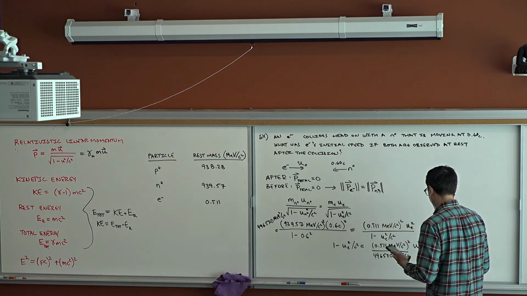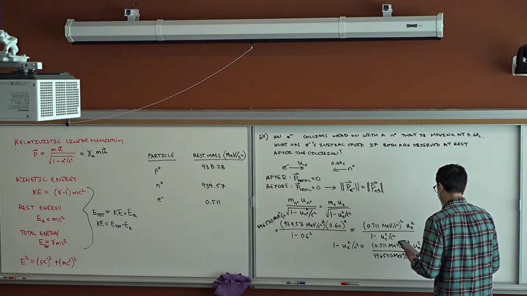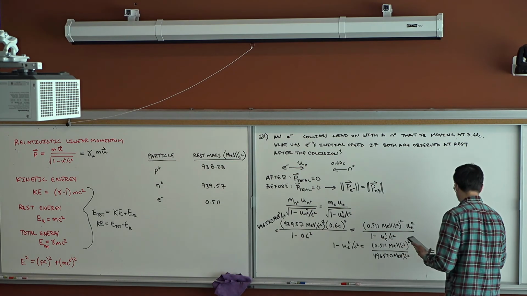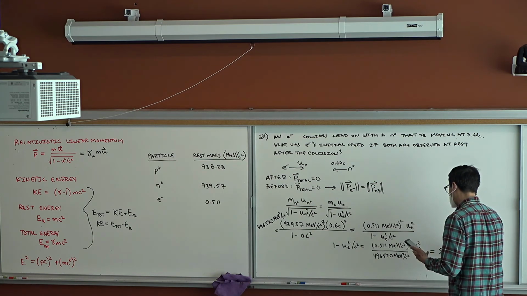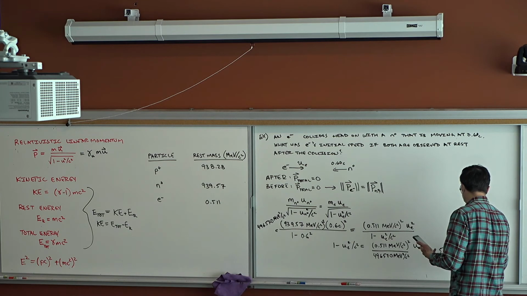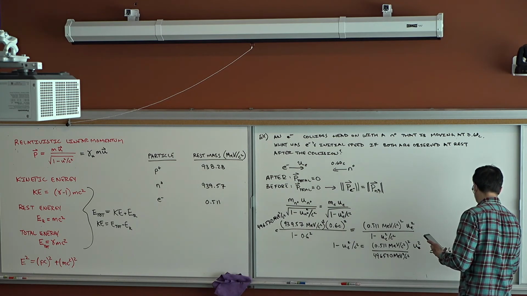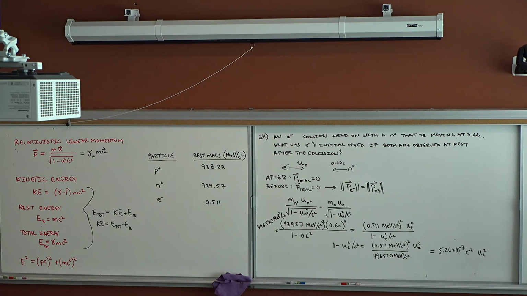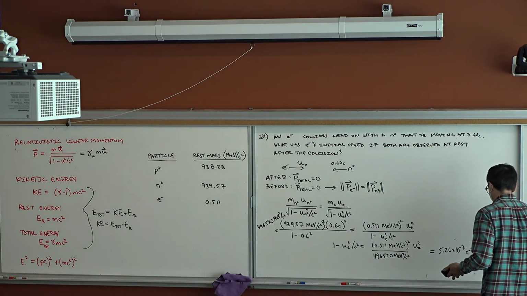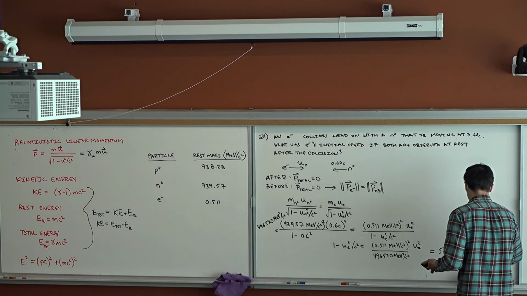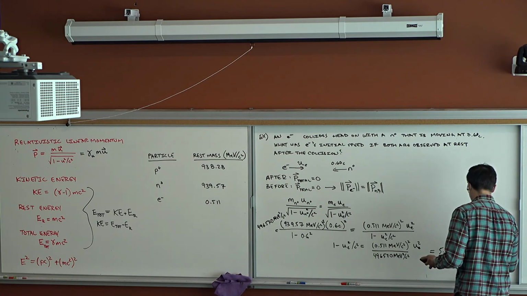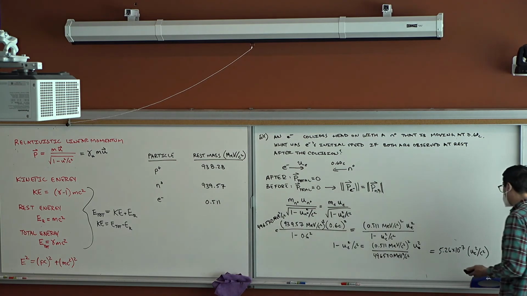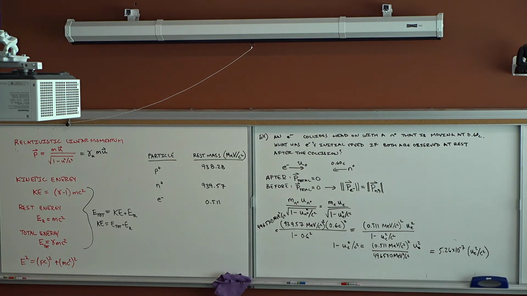And that is, let's see, per c squared. Does that work? We could write it like that. Okay?